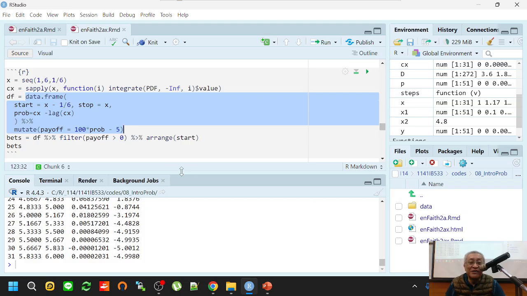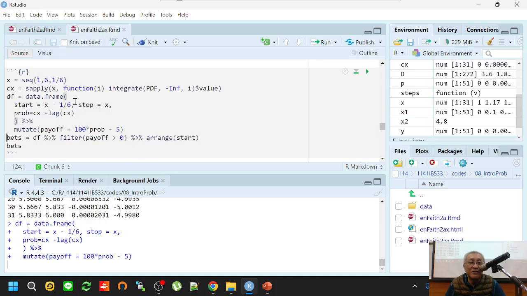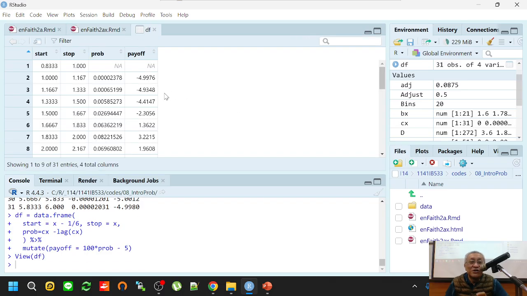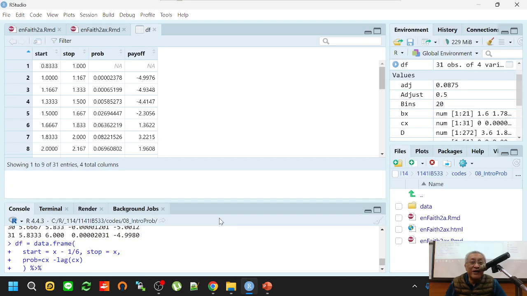Let me calculate the data frame and see it here, so it's easier. So your data frame looks like this.